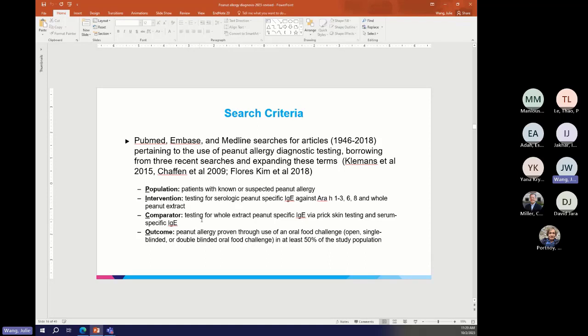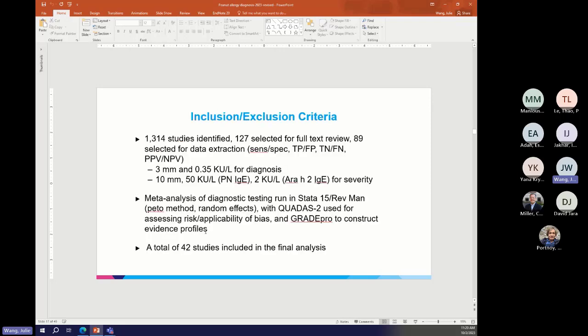The comparison was testing for whole peanut IgE versus skin testing, and the outcome was whether the peanut allergy was proven through an oral food challenge by at least half the study population. So inclusion-exclusion criteria for the different studies are as follows. About 1,300 studies were identified, 127 were selected for full text review, and 89 were selected for data extraction. Meta-analysis was performed, and a total of 42 studies were included in the final analysis.